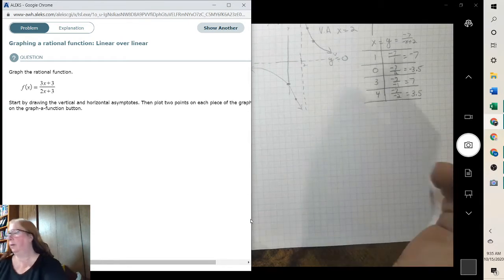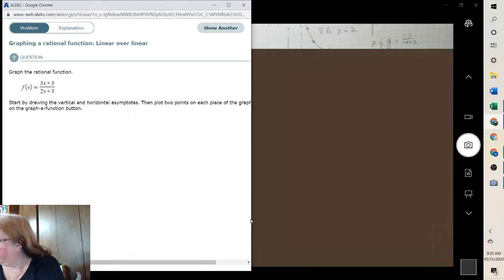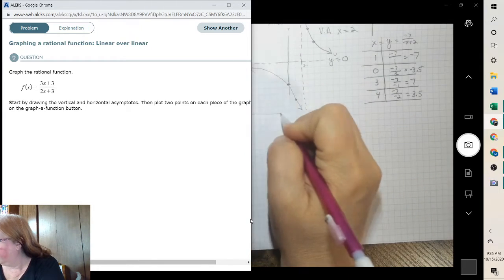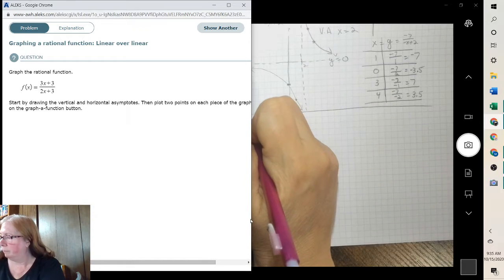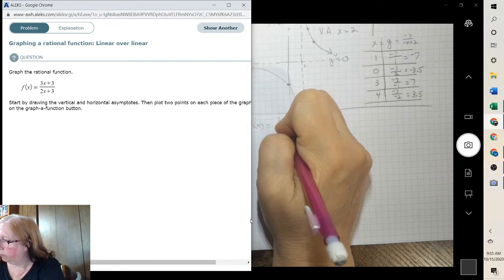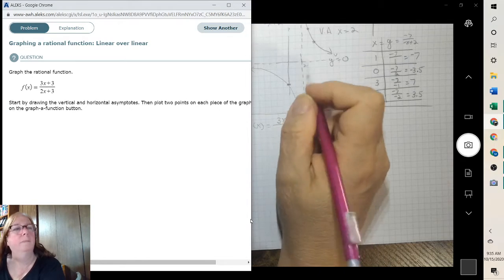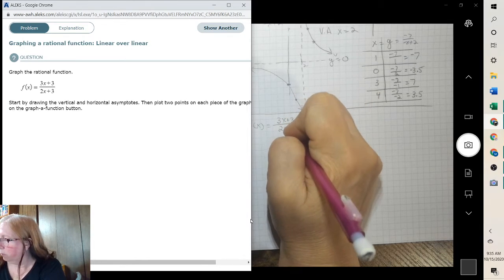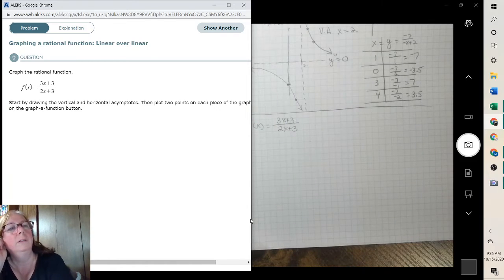Only the horizontal asymptote is found a little bit differently. So vertical, horizontal asymptote, and plot 2 points on each side.